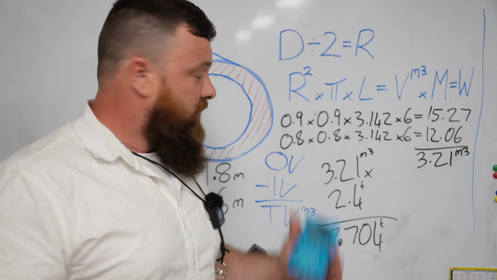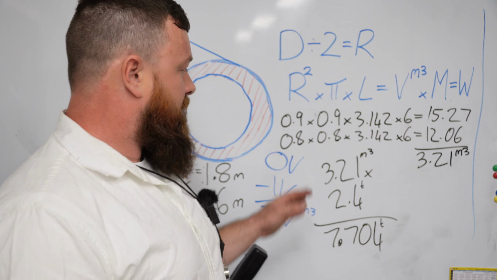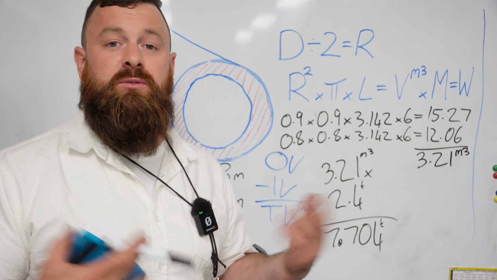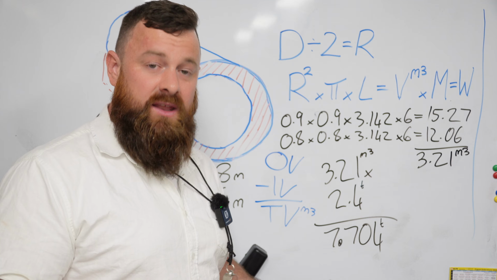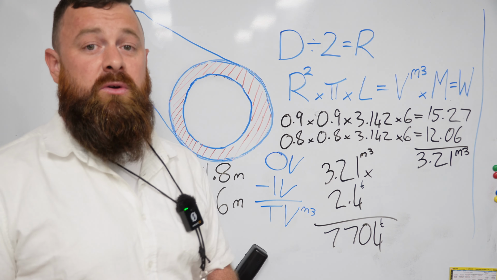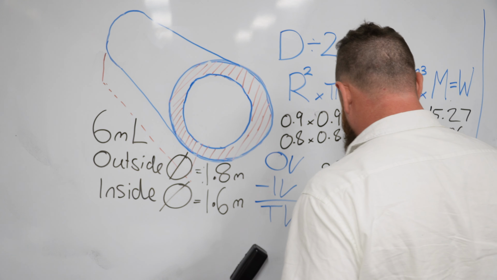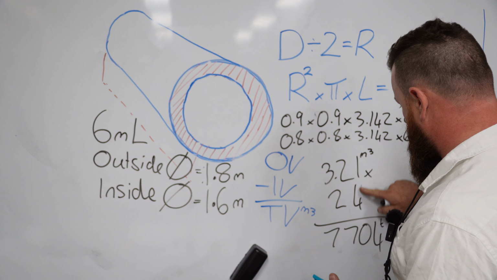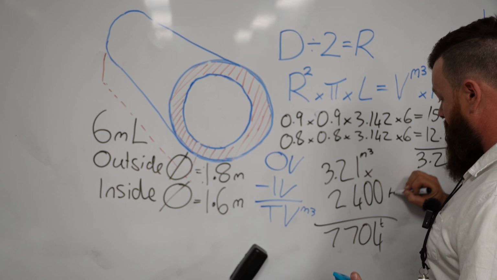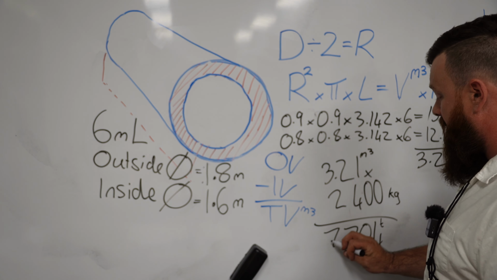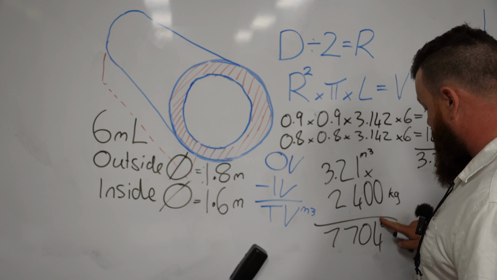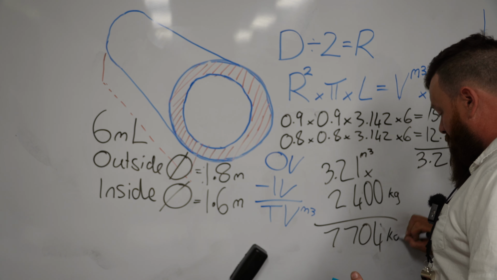Now, if you were to multiply 3.21 by 2,400, because you like to multiply everything in kilos, the numbers are going to be the same. However, that decimal point will be removed. 2,400 kg, then our total weight would be 7,704 kg.